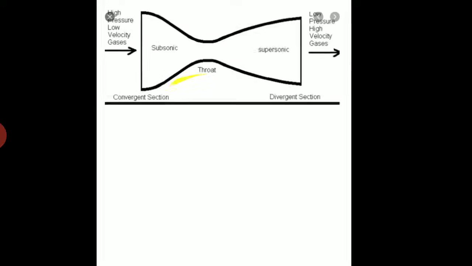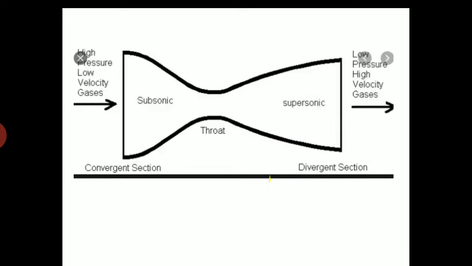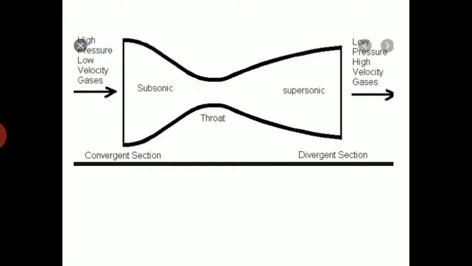If you see the figure, high pressure enters, with low velocity. As it enters, that region is called subsonic flow, so Mach number will be less than 1. Then there is a throat, pressure drops, and velocity increases.